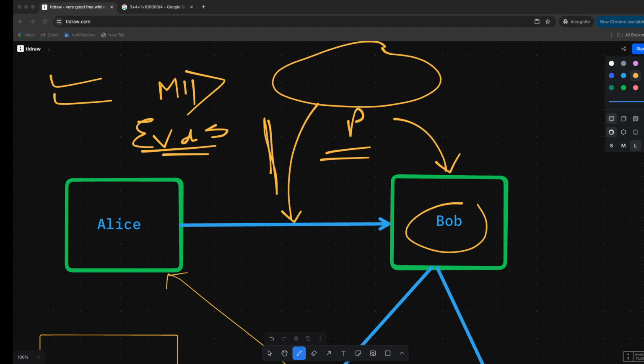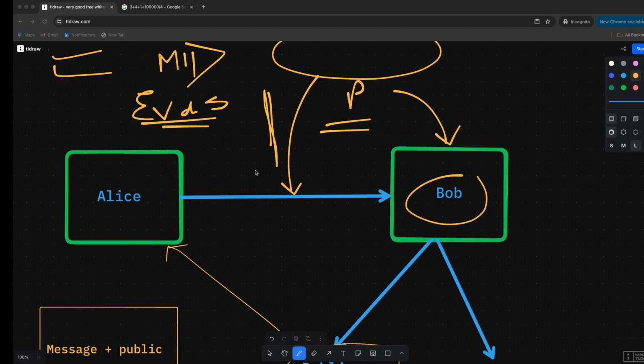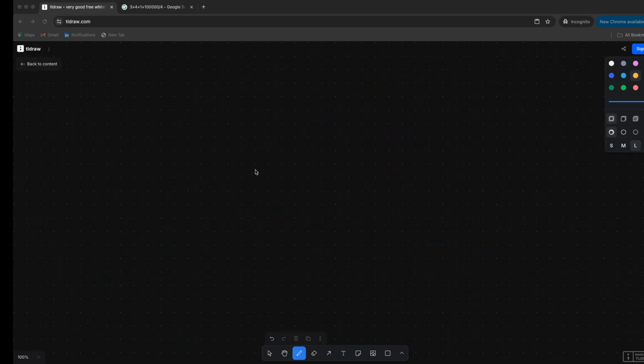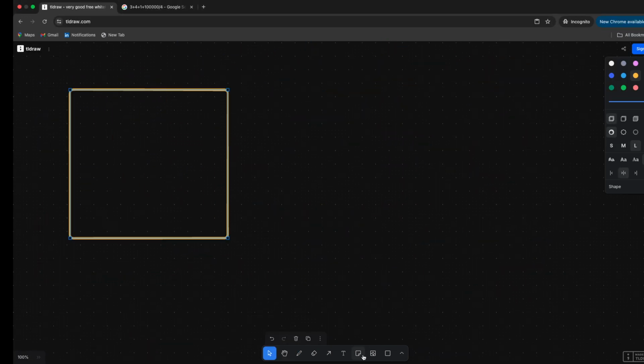In digital signatures, what we basically want to do is, the sender has to sign the document, right?